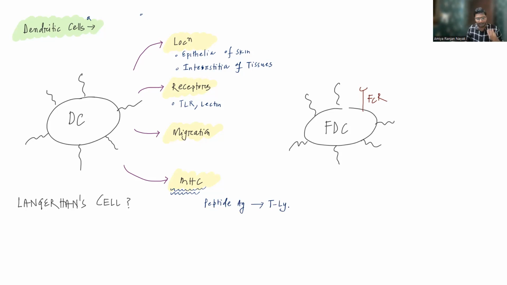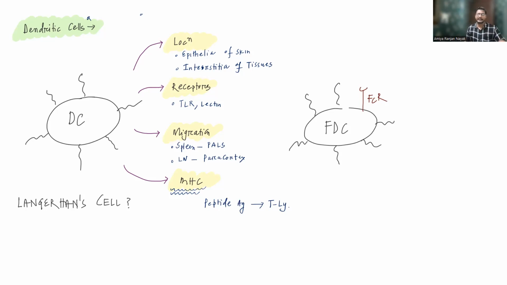For that, they have to migrate from their original location to those areas where the T cells are dominant. That means once they take up the antigen, they will go to the spleen, periarteriolar lymphoid sheath. In the lymph node, they will go to the paracortex. We have already discussed that inside the spleen, the periarterial lymphoid sheath is the region where the T lymphocytes are present, and inside the lymph node, paracortex is the area where the T lymphocytes are present.